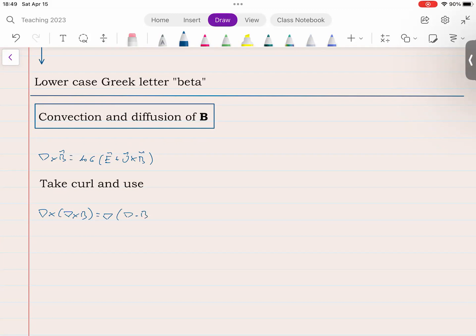Del cross del cross B is the gradient of the divergence of B minus del square B. Of course, the divergence of B is 0.